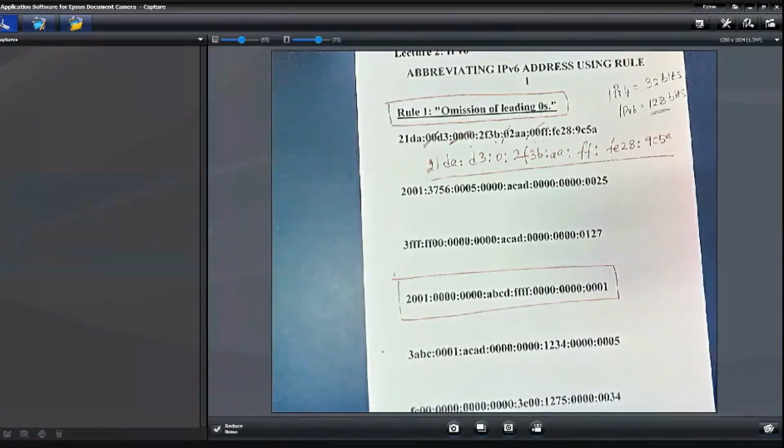Leading zeros, not in between. If you do in between, it is wrong. Leading zeros means the zeros which are coming in the front. For example, if you have 2001 and you make it 21, that is wrong.